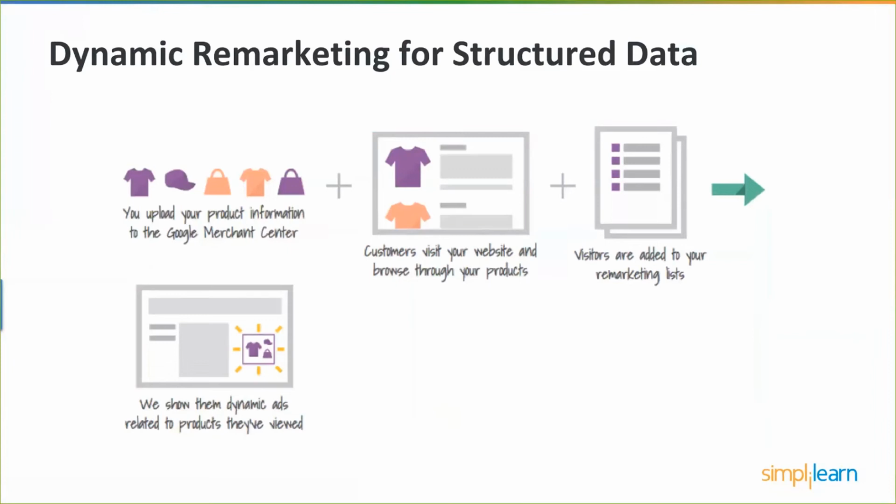So if someone went to your career site looking for a new job, and they looked at 3 individual jobs, and you give a feed to Google of the structured data, then the ads will actually be the jobs they saw. Same with merchants. You've probably seen ads across the web where the ad includes the products you viewed on a website. That's dynamic remarketing. With dynamic, you can use your Google Merchant Center account to set this up, and it's fairly straightforward.